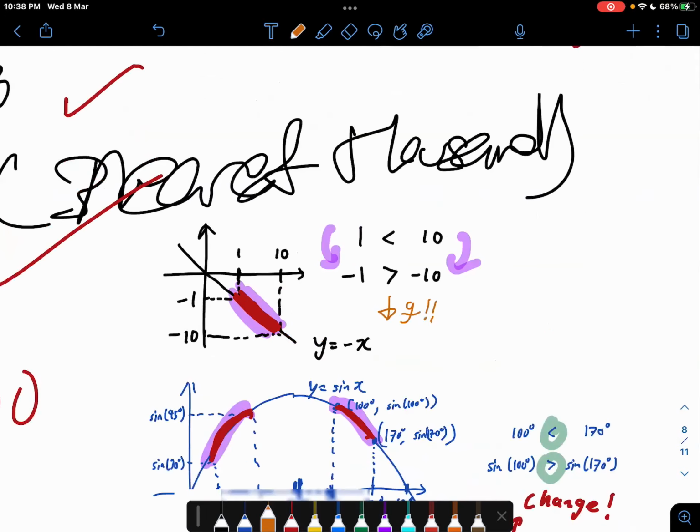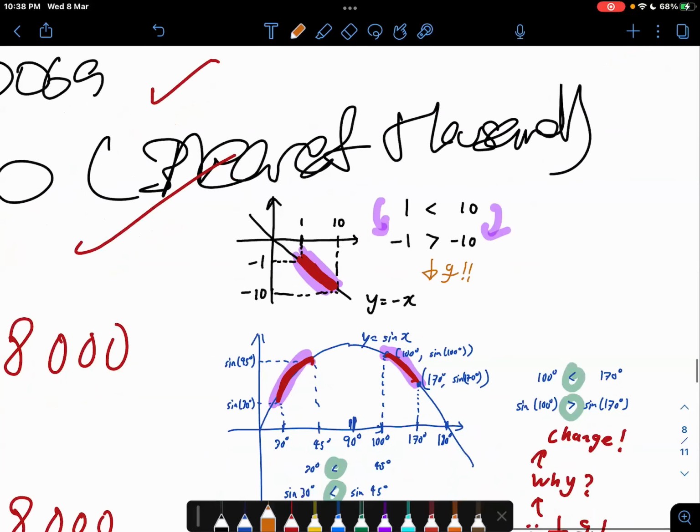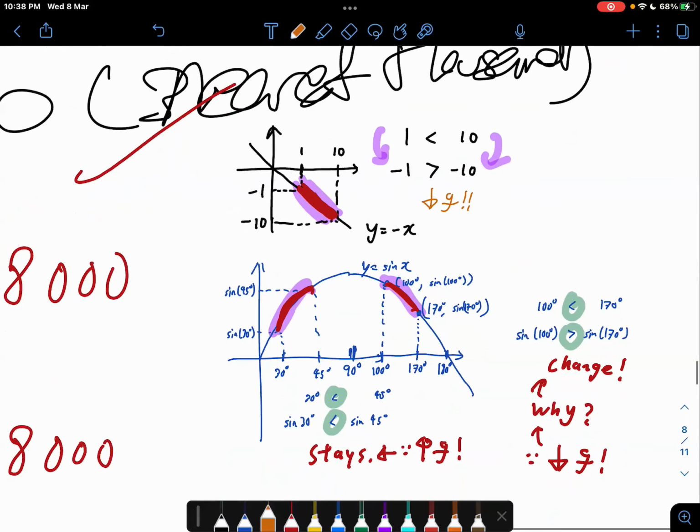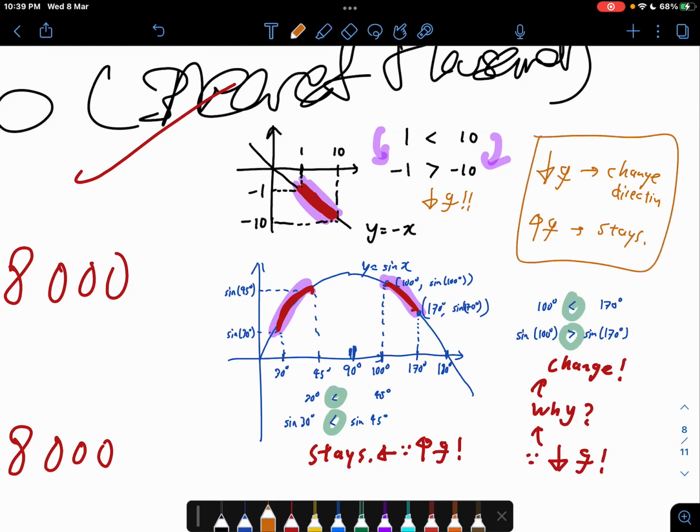Increasing function applied to both sides of our inequality, direction of inequality stays the same. Decreasing function instead applied to both sides of inequality, direction will change. Decreasing, change direction. Increasing, stays the same. That's the general rule. Multiply -1, you have to flip. That's just one special case of a decreasing function, y equal -x. Clear?